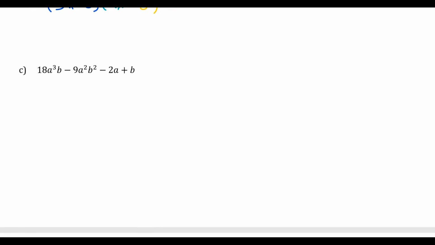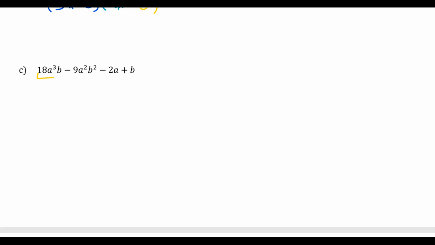18a to the third b minus 9a squared b squared minus 2a plus b. If you look at this with the coefficients, there's nothing I can take out except for a 1. For the variables, there's nothing I can take out because this one only has an a, this one only has a b.